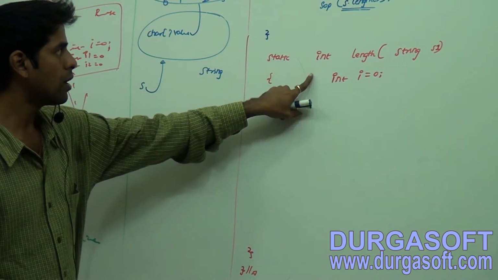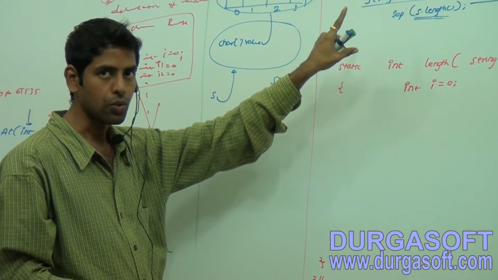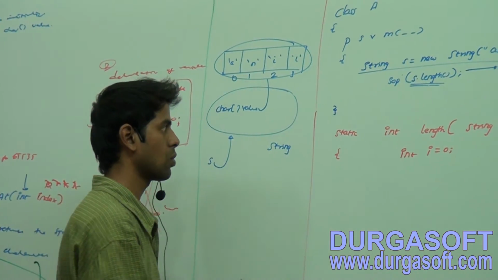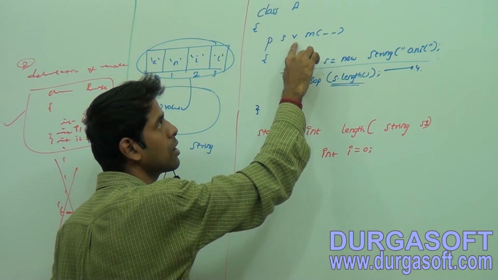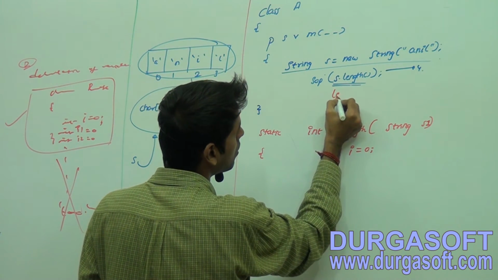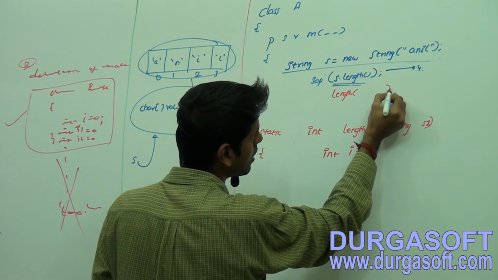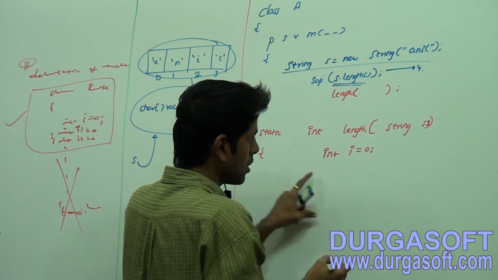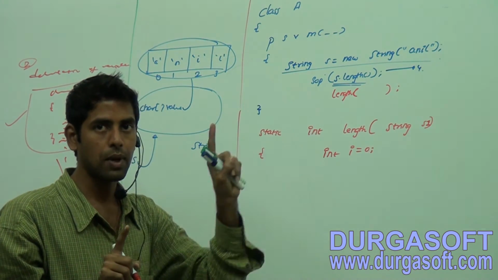Now how to call this method within the main method, which is static? How to call this static method length within this static void main method? Directly put length and pass what? A string, right? You have to pass string object reference value.